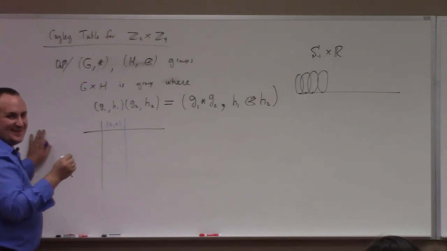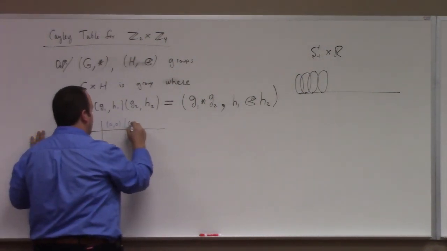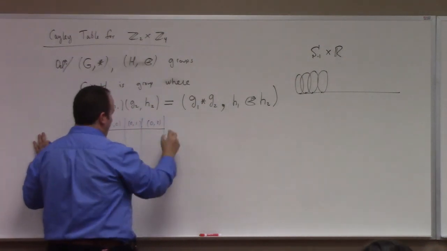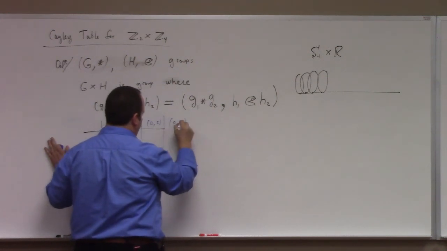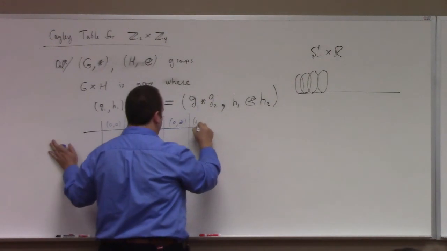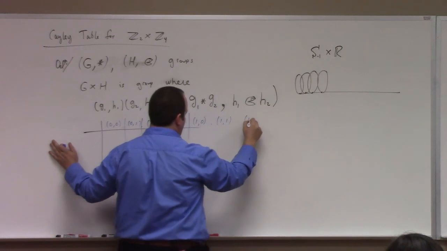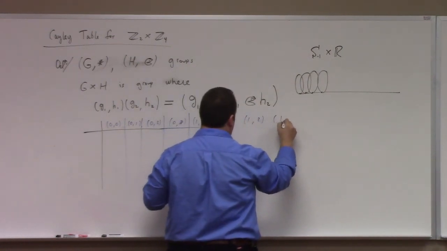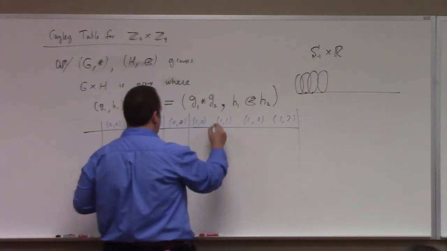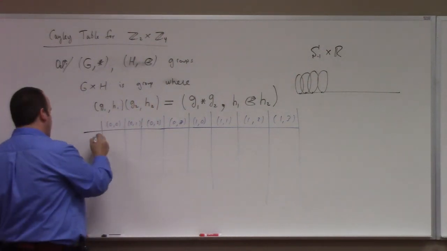So we got 0, 0, 0, 1, 0, 2, 0, 3, and then with ones: 1, 0, 1, 1, 1, 2, 1, 3. And then over here, of course, the same.